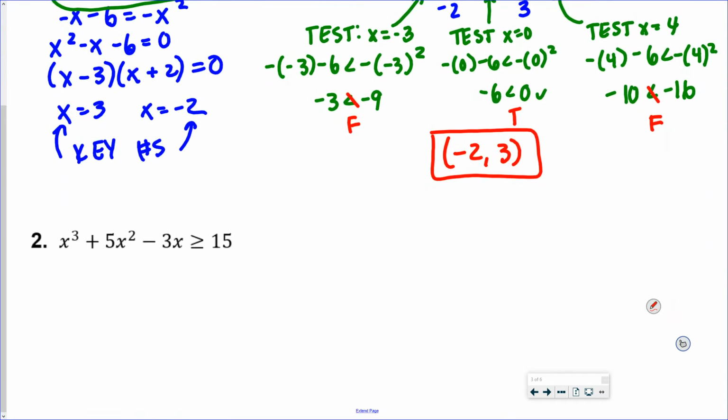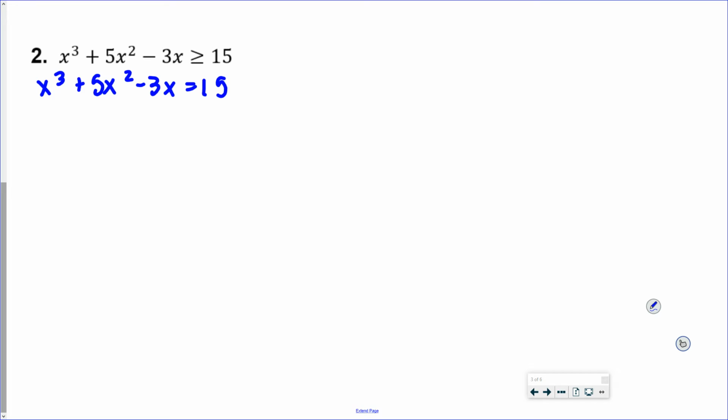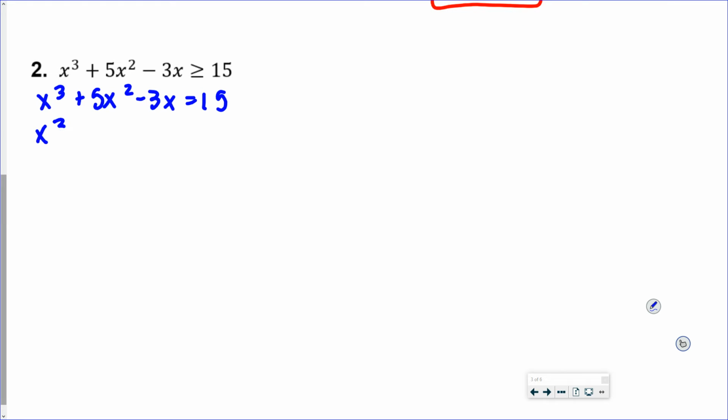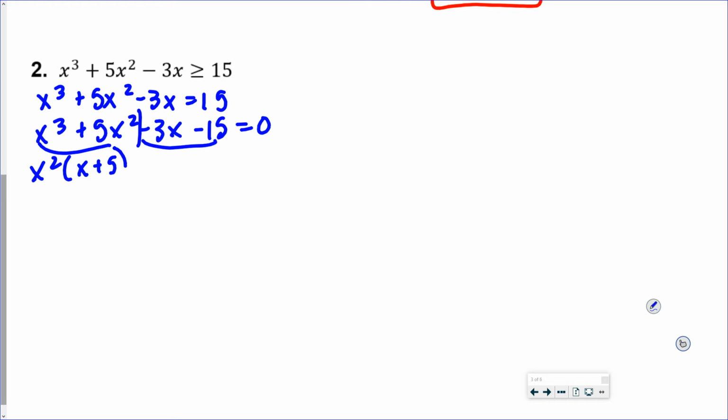All right. Degree 3. No problem. Solve the related equation. Okay, I would solve this by setting this equal to 0. I heard somebody say factor by grouping. You betcha. We got 4 terms here, so I can factor this by grouping. I can factor out an x squared to leave me with x plus 5.